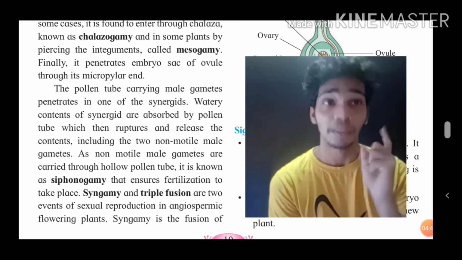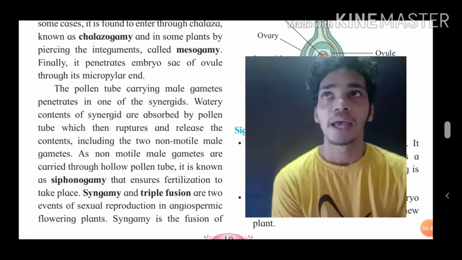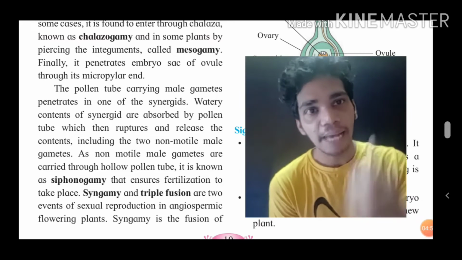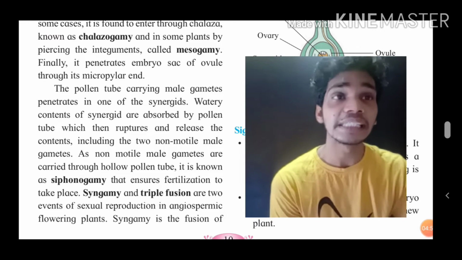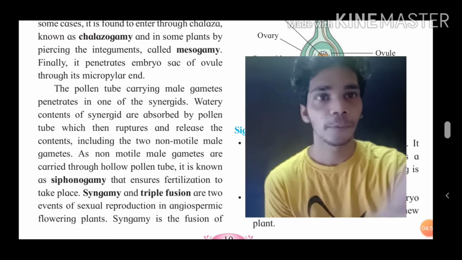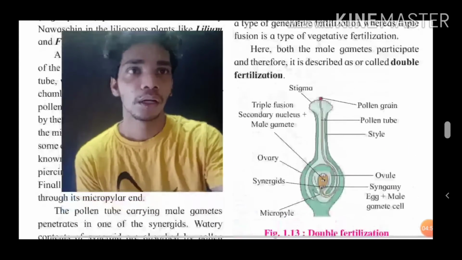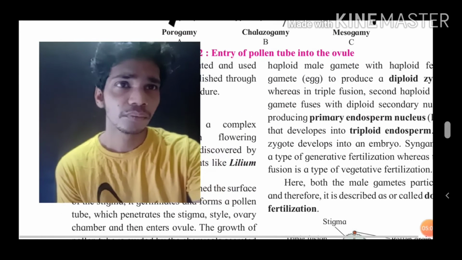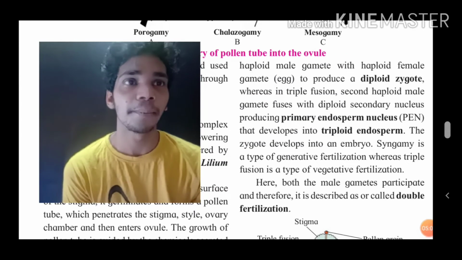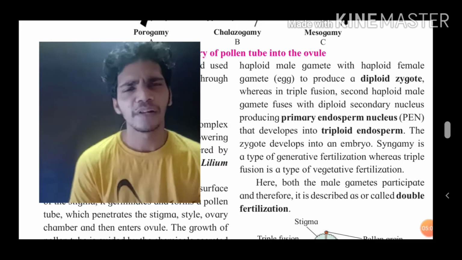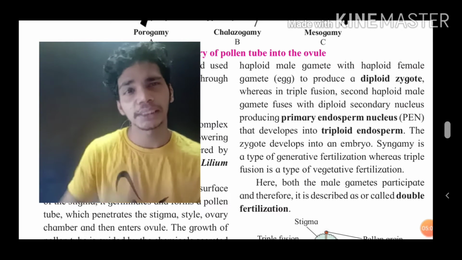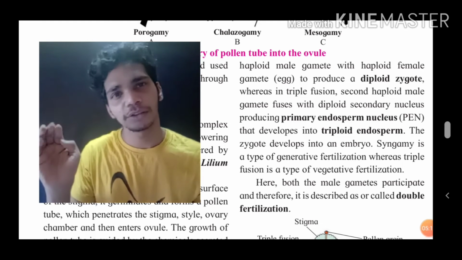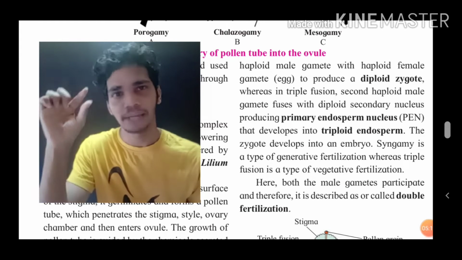See, double fertilization, the name itself suggests that fertilization occurs two times. And what are they? Syngamy and triple fusion. We have to study in detail what that is. Okay, so see, a haploid male gamete with a haploid female gamete. We understand microsporogenesis and megasporogenesis. There is no problem with microsporogenesis because pollen grains are haploid, n.